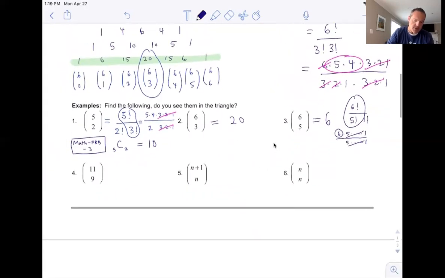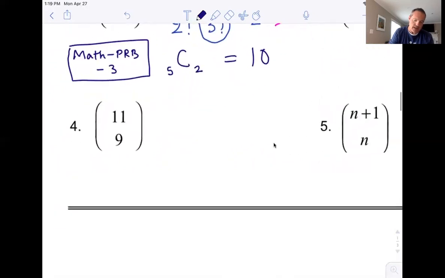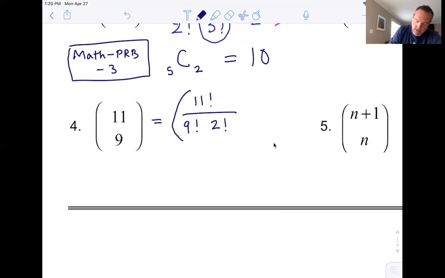Now, 11 choose 9, I don't feel like writing out 12 rows of Pascal's triangle. You're certainly welcome to do it. Again, this is something I do on the calculator or quickly just work through the formula. 11 factorial, 9 factorial, and then the difference factorial. And again, I take the number on top and the bigger number on the bottom.